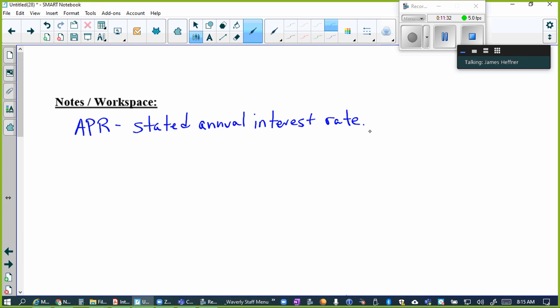But then, if we have more than one compounding period, we have an APY. The APY is the effective annual rate given compounding.